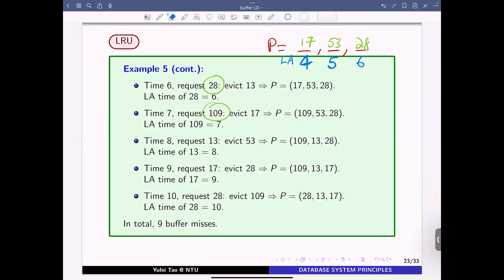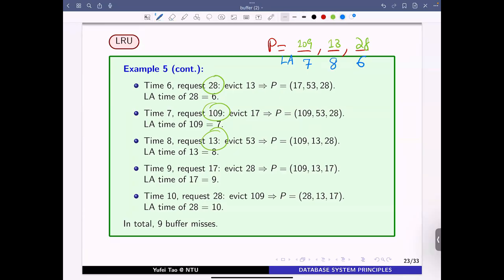Then we kick out 17. This is 7. Continuing, the next one is 13. We just kicked it out 2 timestamps ago. Unfortunately, another miss. So we kick out 53 and we put 13 here, and the LA time is 8.